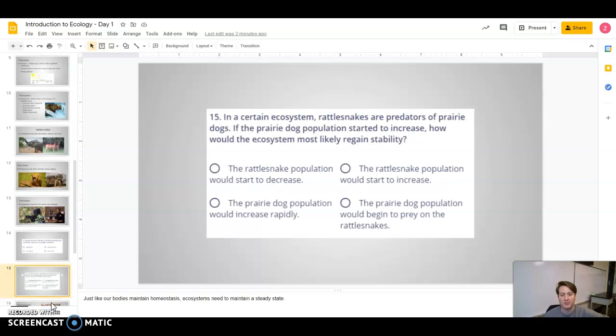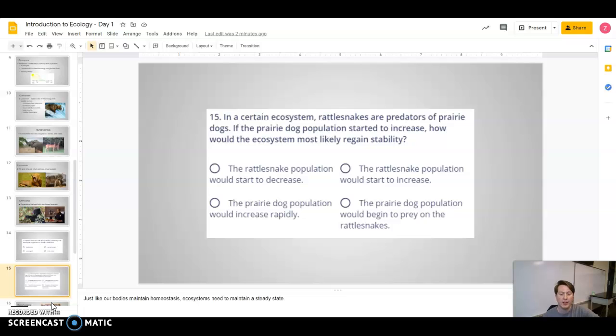Another question. In a certain ecosystem, rattlesnakes are predators of prairie dogs. If the prairie dog population started to increase, how would the ecosystem most likely regain stability? And remember, just like our bodies need to remain stable and maintain homeostasis, ecosystems need to balance out and maintain a steady state.